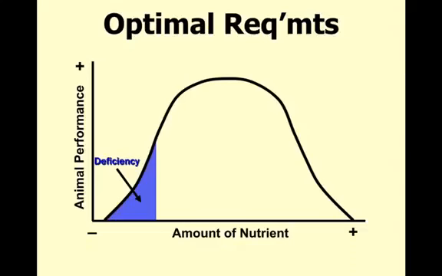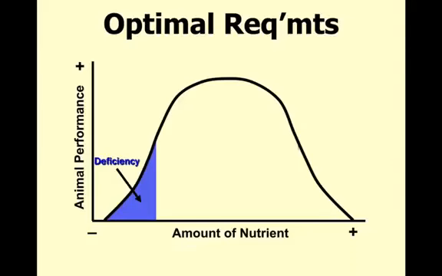And what that is resulting in is what we call a nutrient deficiency, meaning we have this small amount of nutrient down in here, a lower level, and we're seeing low animal performance. That means we probably don't have enough of that nutrient to optimize the performance level that we're after.